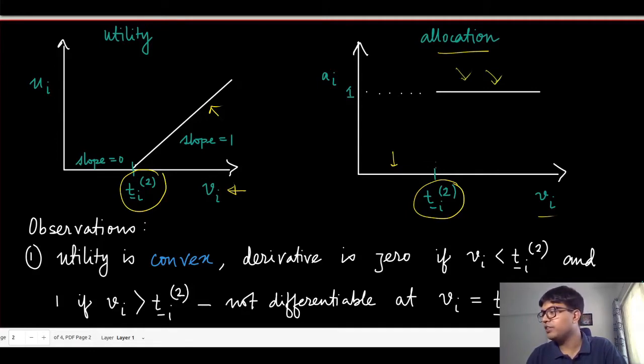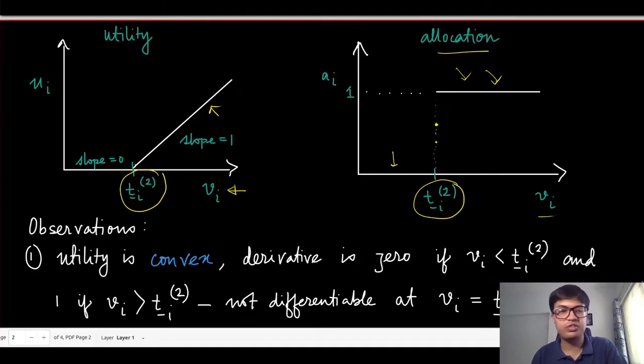So we leave this point of the exact equality open at this moment, because in that case when they are equal, that means that there is at least some other agent who also has the same valuation as this agent. So in that case one can randomly pick any of these agents as winners, and therefore any of these numbers could be a valid allocation for this agent.